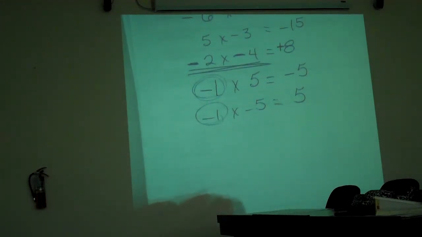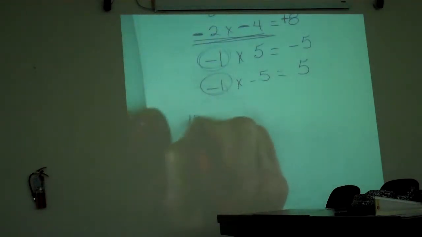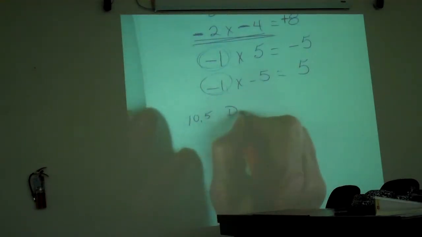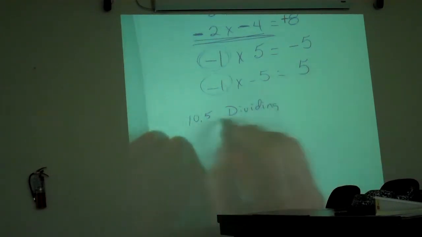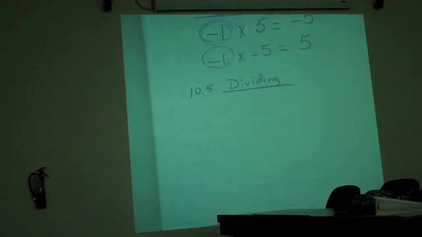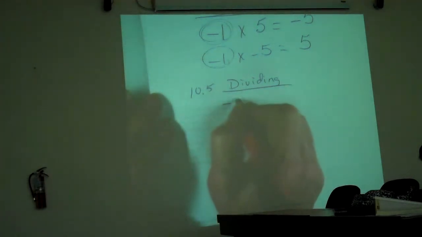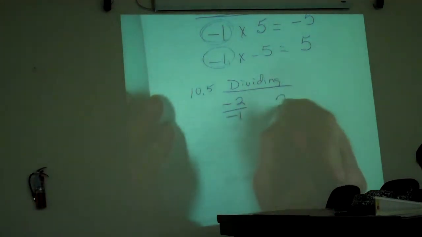So actually for 10.5, that's your division section. 10.5 is dividing. It's the same rule. Dividing real numbers, you still have two negatives makes a positive, or one negative is negative. So if you have negative 2 over negative 1, 2 divided by 1 is 2.